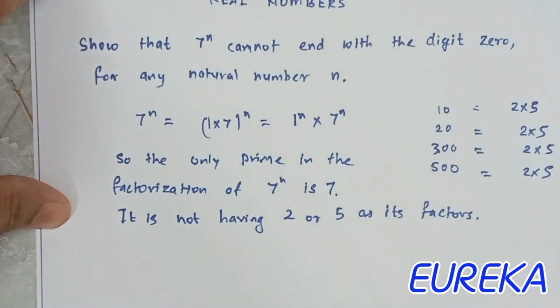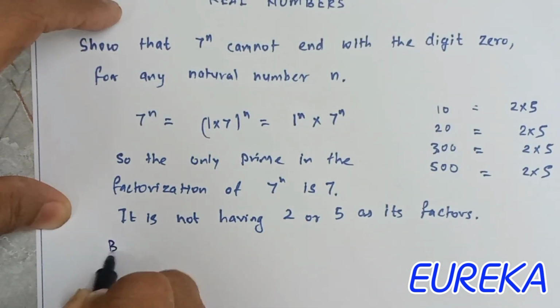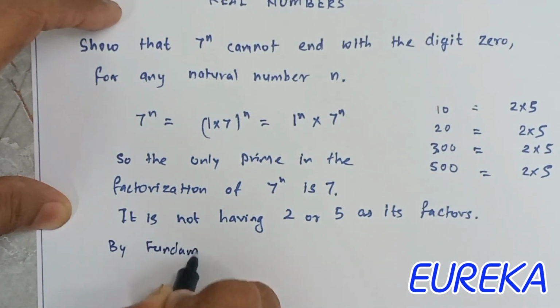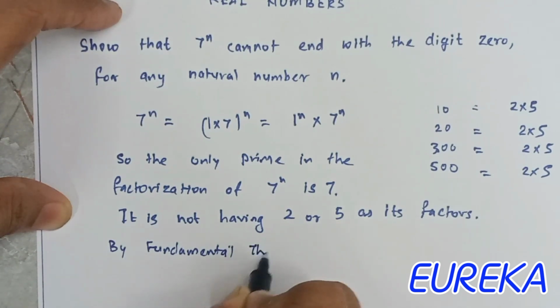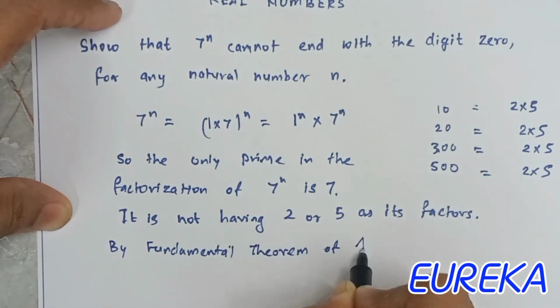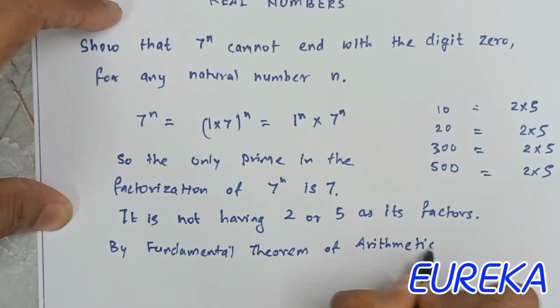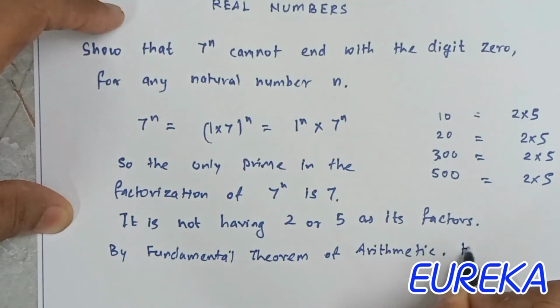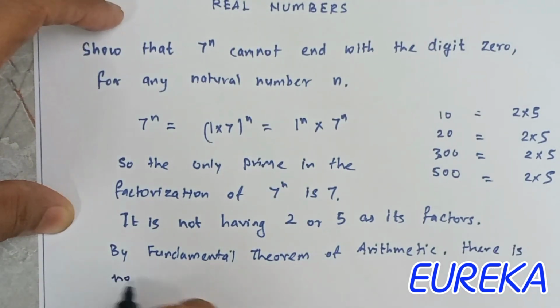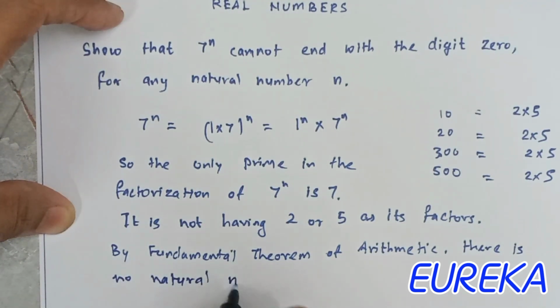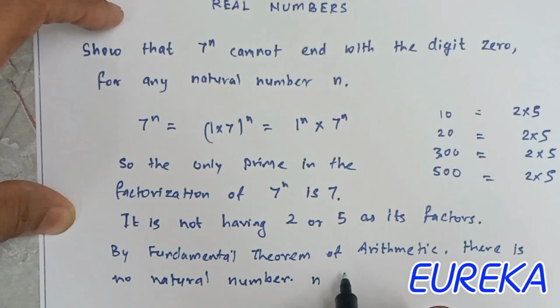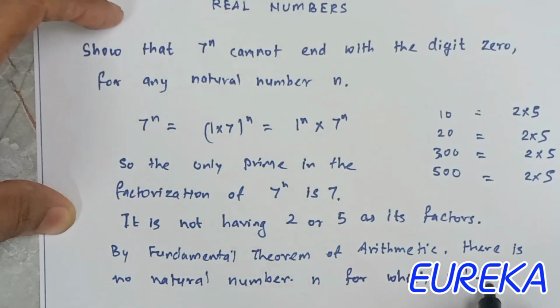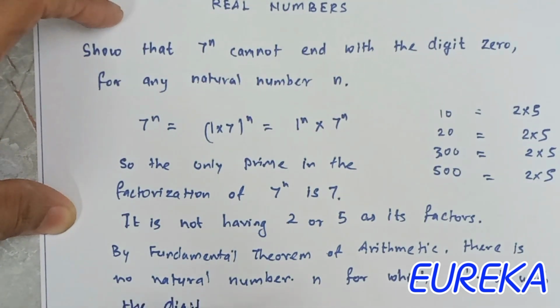So we show here that by the fundamental theorem of arithmetic, there is no natural number n for which 7 to the power n ends with the digit 0.